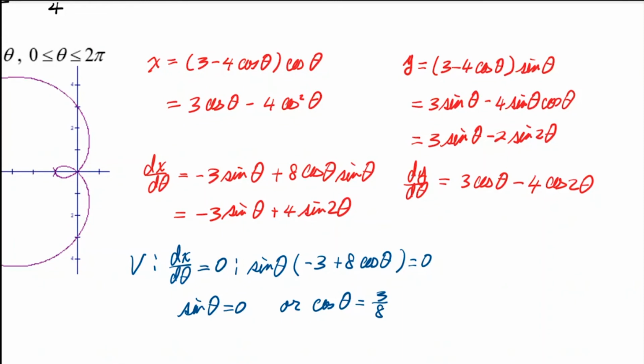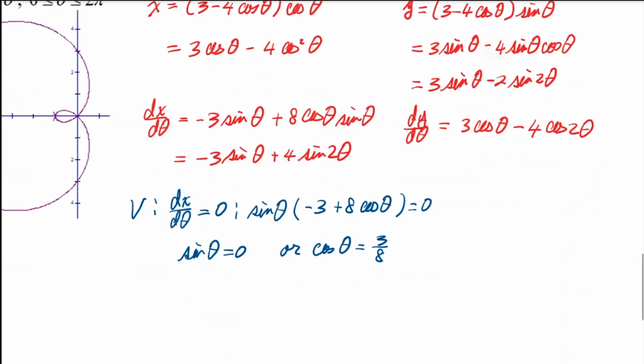So we'll have to use our calculator skills. Our theta should be, for 0, this is easy, 0 and pi. And the other one, do you remember that if you put inverse cosine, you get a first quadrant angle and a second quadrant angle, and then you have to make sure these are correct?